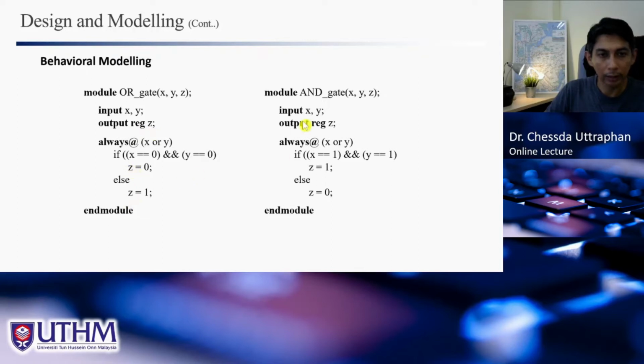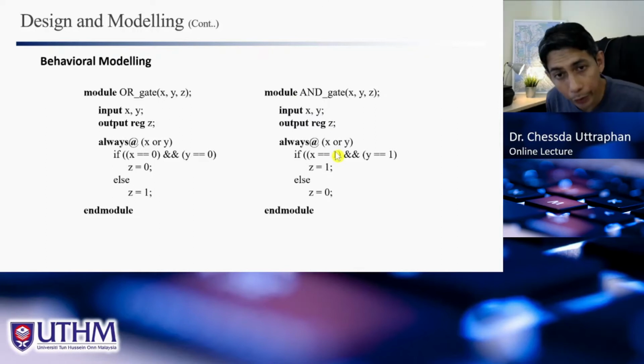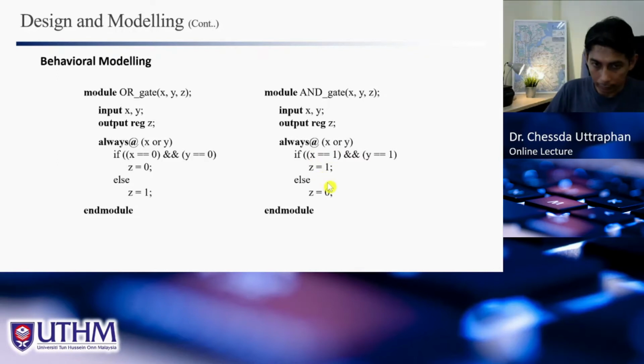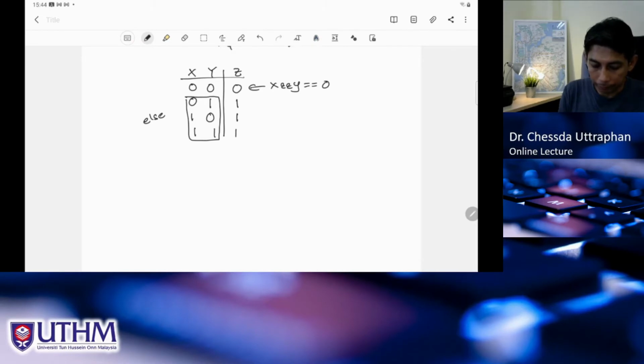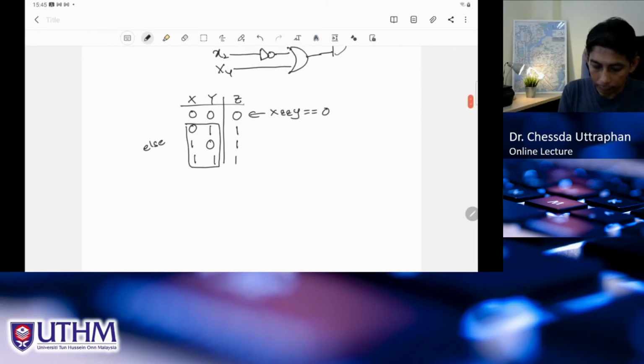And look at the second one, where we have AND gate, right? So this is the behavior of AND gate. Where we have 0, 0, 0, 1.